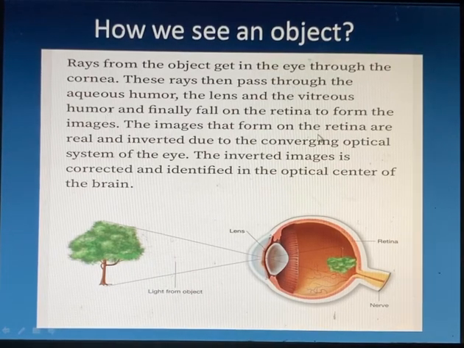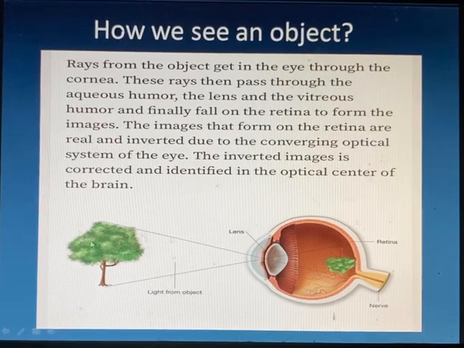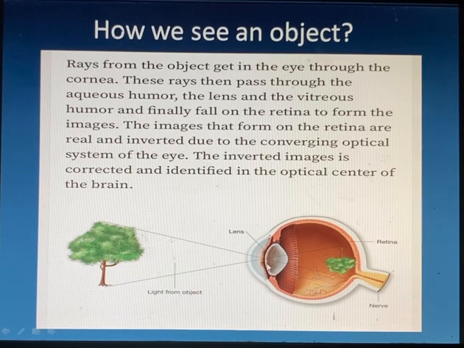Well, the easiest topic is how we see an object. I told you before, and there is a tree, right? And we can see the tree, but finally the image is formed reversed at the wall of the retina, and as this lens is convex, the light rays are converging to a certain point on the wall of the retina.